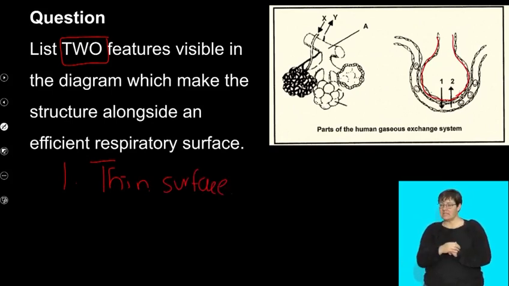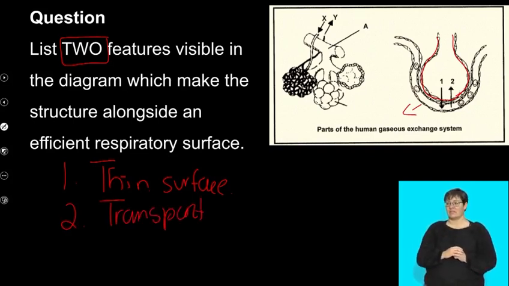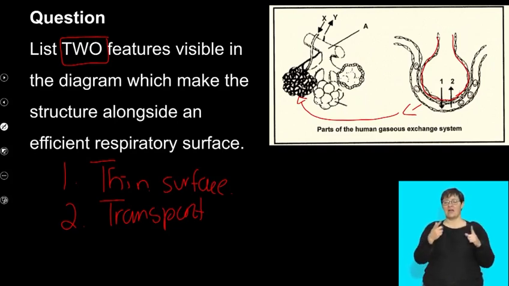I can also see over here that it has a capillary. So number 2, it would have a transport system. And that is going to be the last 2 because I can't see any layer of moisture and I can't see the rest of it. So there is only 2 over here.